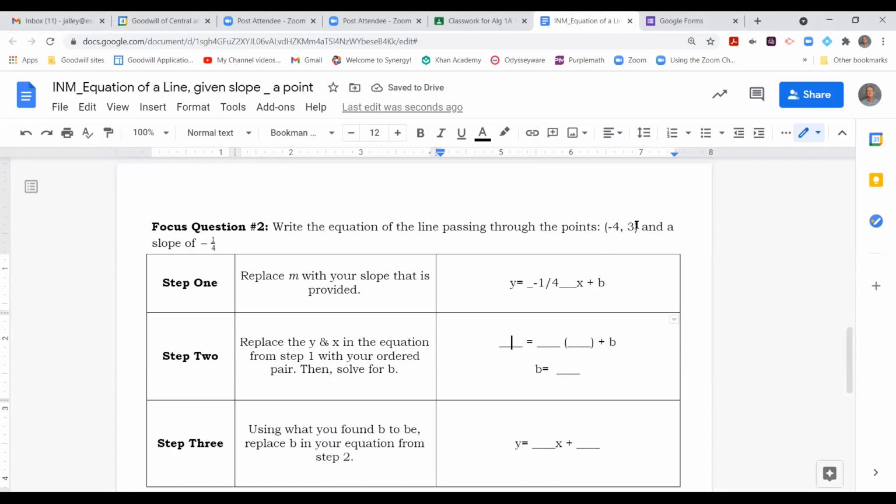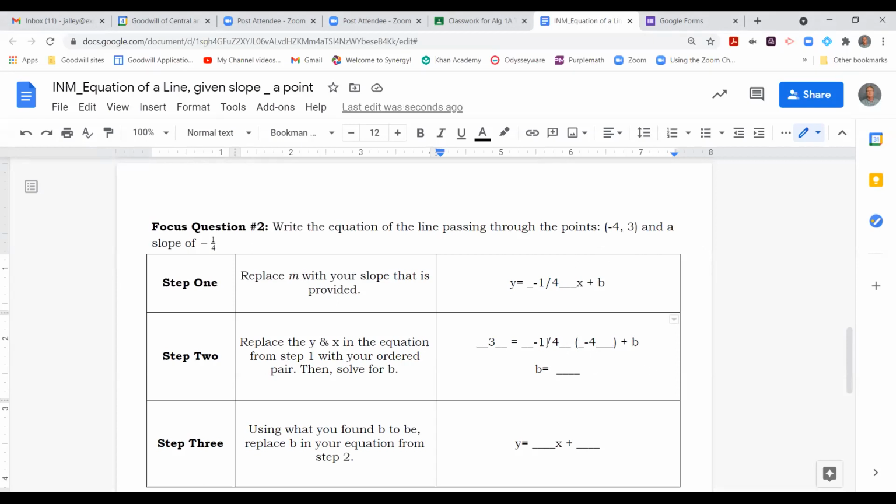We took the point values, the X and the Y. The Y value is 3. Slope is -1/4. Whether you recognize it or not, -1/4 and -4 are reciprocals of one another. So that gives you a +1.